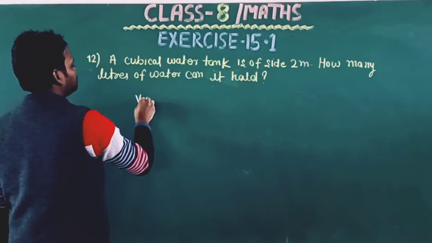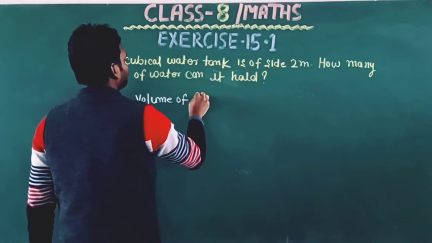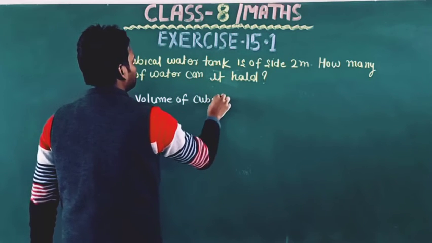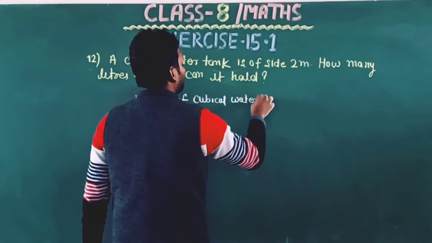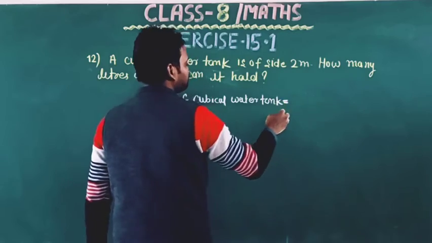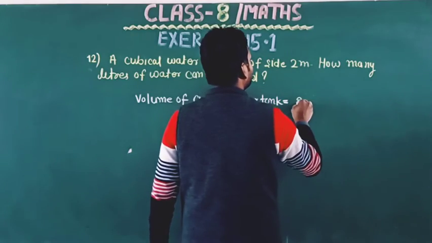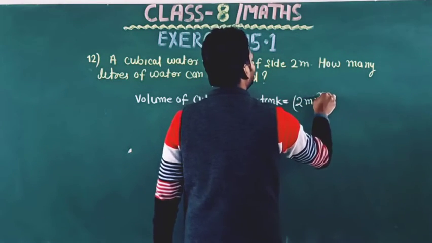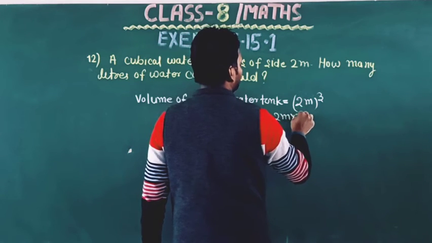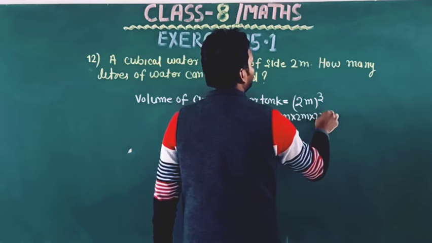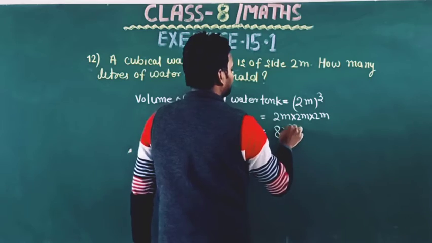The volume of the cubical water tank equal to 2 meter cube, that is 8 meter cube.